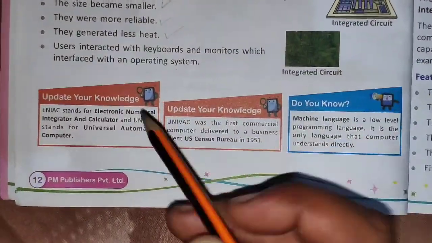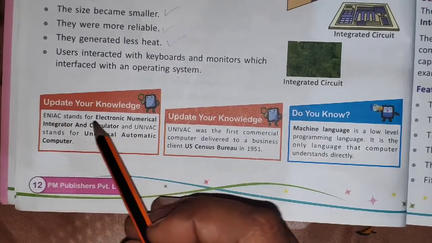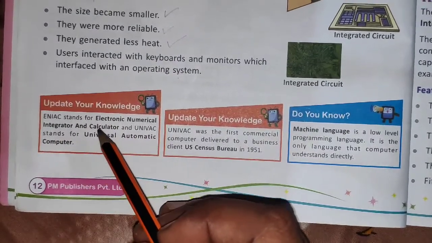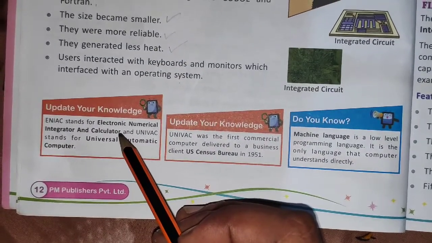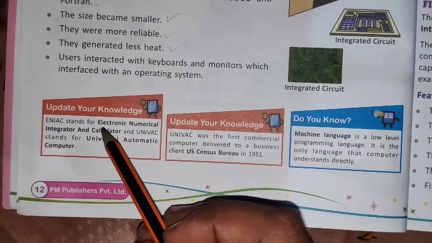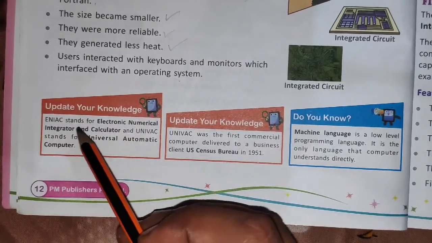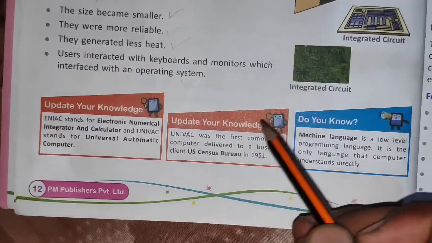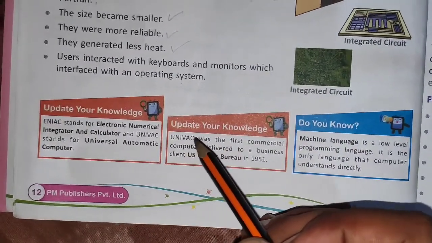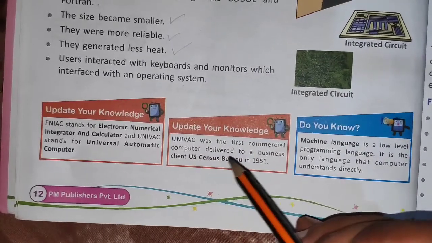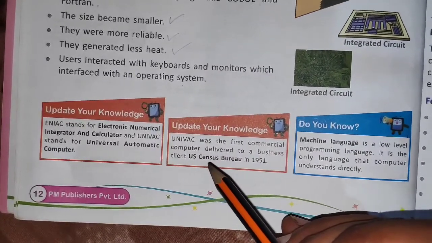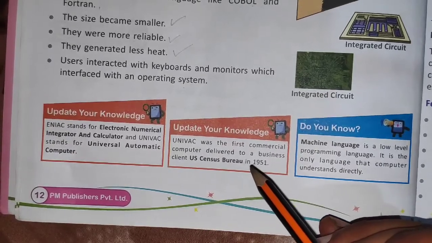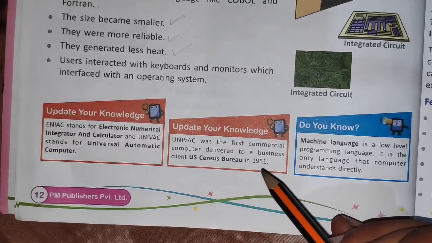Next we have some points to update your knowledge. ENIAC is the Electronic Numerical Integrator and Computer. And UNIVAC stands for Universal Automatic Computer. UNIVAC was the first commercial computer delivered to a business client, the US Census Bureau, in 1951.